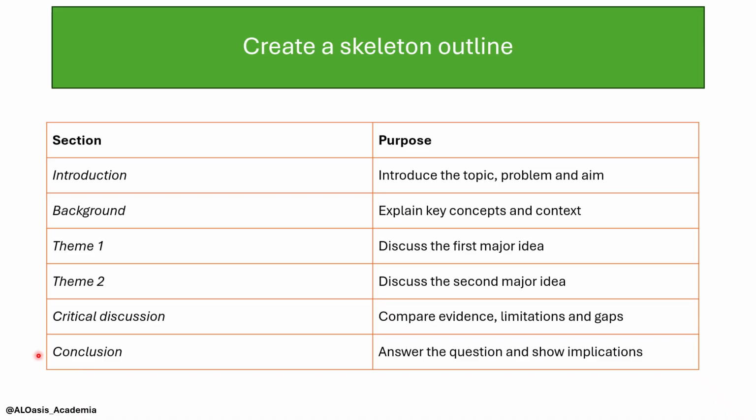So this is a very rough outline that can be different for your research, but this is just to give you an idea. The main idea that I want to deliver here is that each section in your outline needs to have a specific purpose.